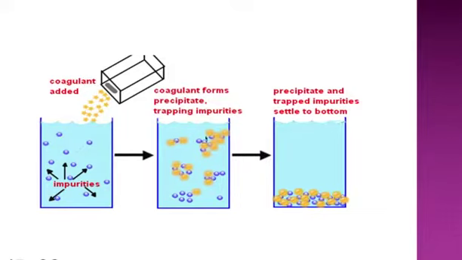As you can see, it coagulates and becomes denser than water, so it will settle down after rapid mixing. And you can now remove the clear water from the upper part. We can have a video on that, as shown in the following.